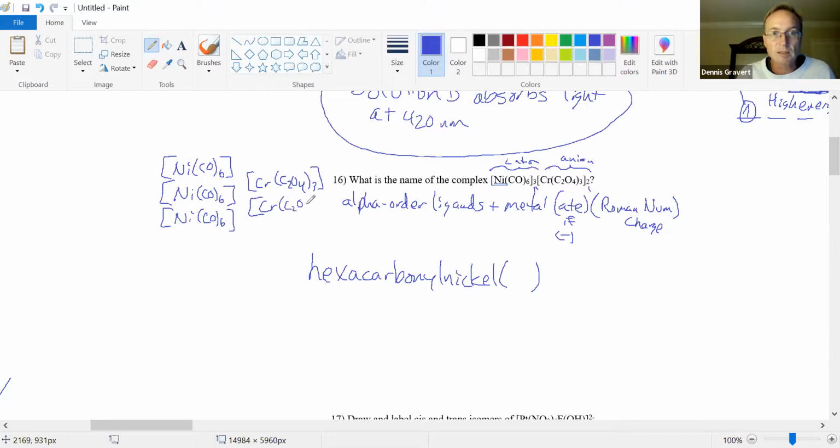And guess what? The whole thing adds up to 0 charge. This is a neutral compound, cation with anion. Nature says, yep, you balance your charges. Well, what can these charges be?